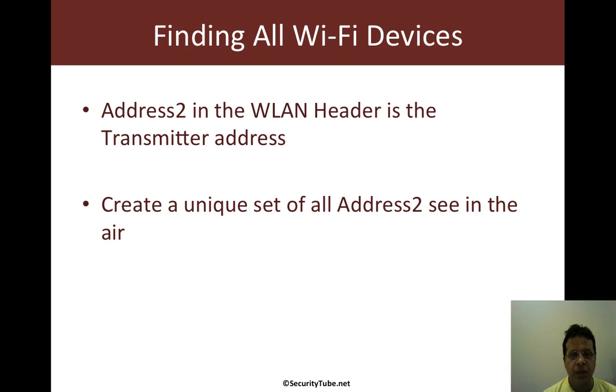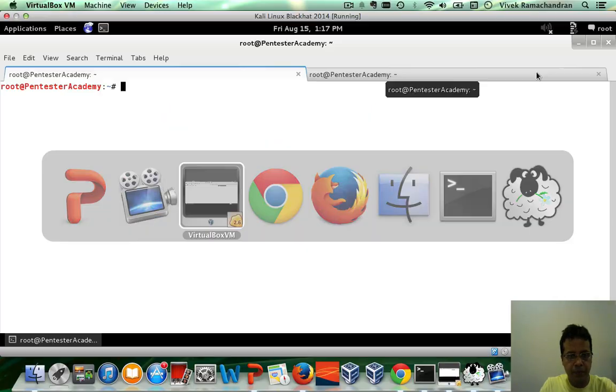If you recall from the Wi-Fi security basics series, address 2 in the WLAN header is the transmitter address. And if we create a unique set of all transmitter addresses around, then we get a set of all unique Wi-Fi devices around, right? So let's jump right in.